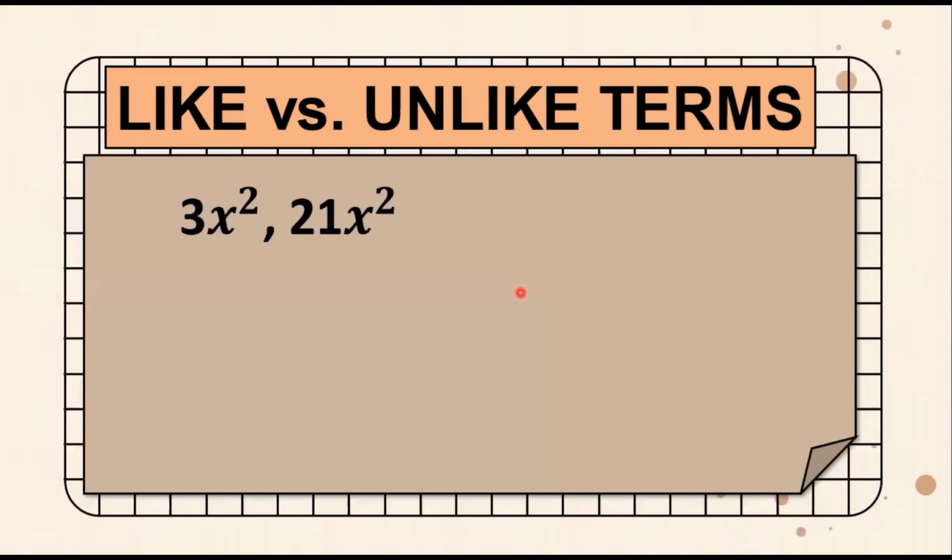Masasabi nating similar terms or like terms ang given kapag yung terms have the same exponents and variables. So in here, we have 3x squared and 21x squared. What can you notice on the variable of our first term?